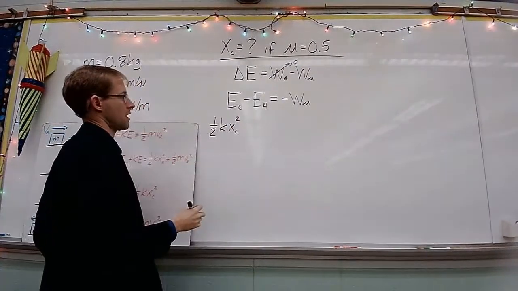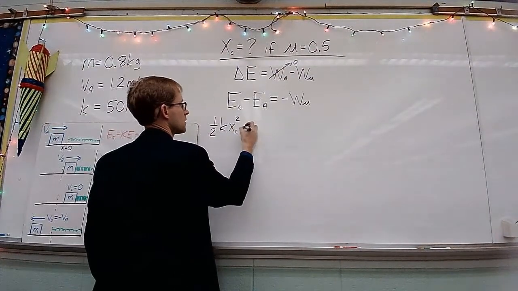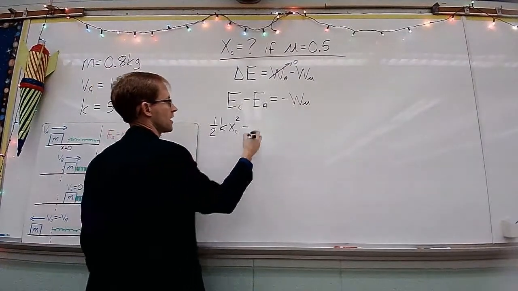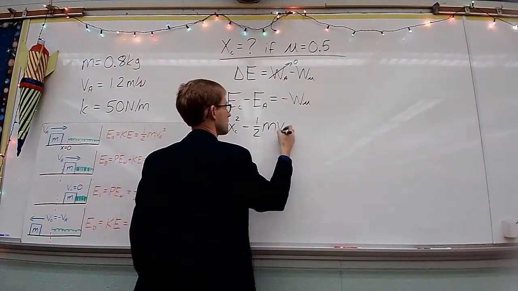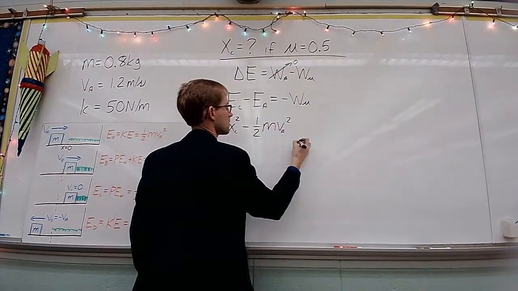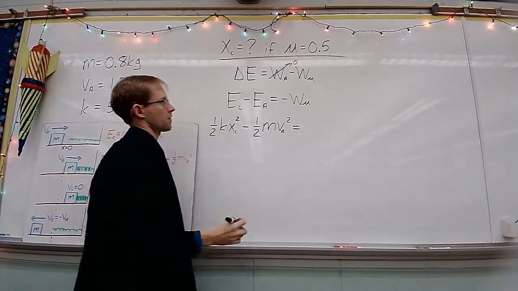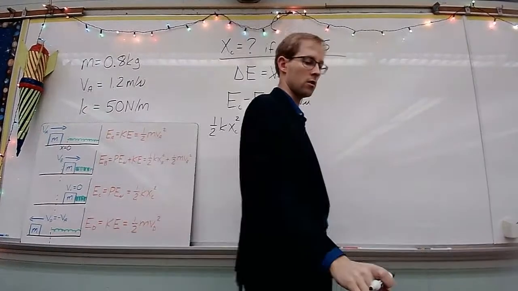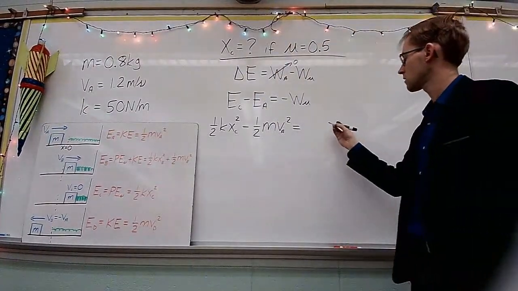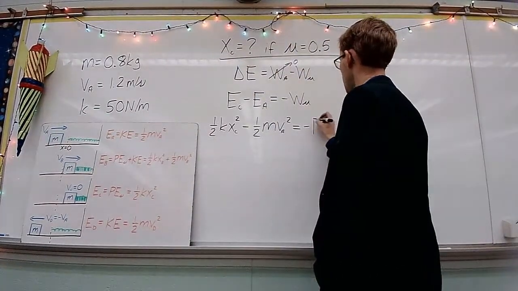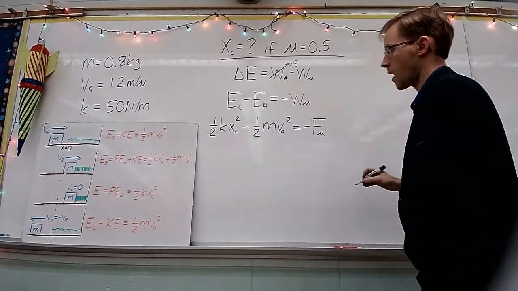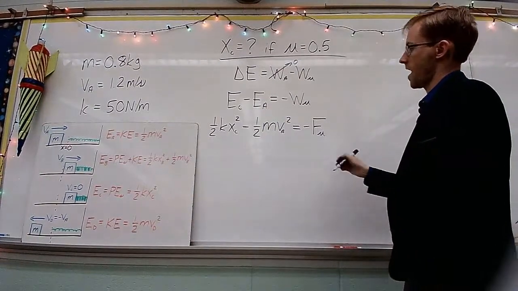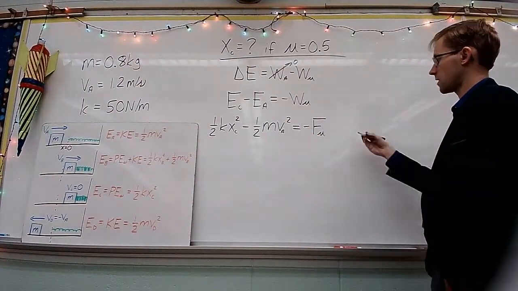So 1/2 kx squared. At A, it is all kinetic. And of course, when we're talking about the work lost due to friction, that is equal to negative force of friction multiplied by the displacement, how far this friction has been acting.